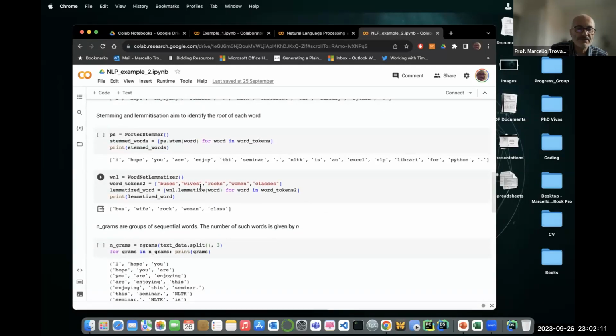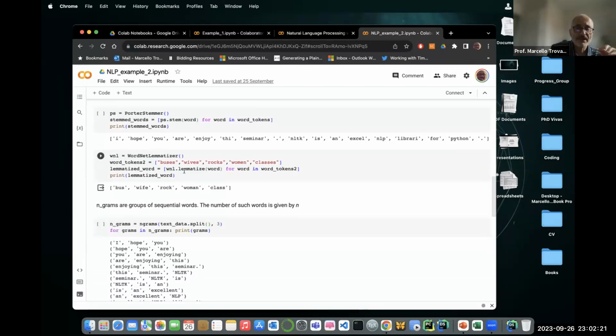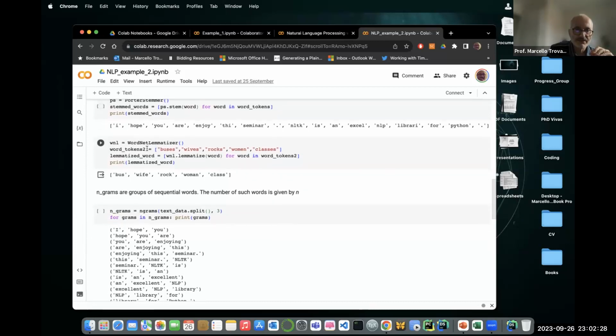And then we have the lemmatization. Lemmatization and stemming standardize all the different words even more. In particular, the lemmatizer is an even better example. So we have buses, wives, rocks, women, classes. If you lemmatize these words, you get the singular form: bus, wife, rock, woman, class.